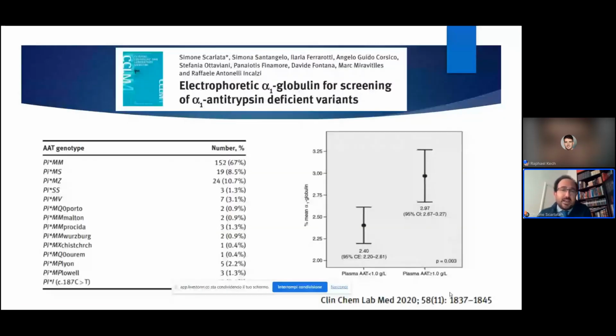This is a study made by our group that confirmed this preliminary evidence, and again we observed a 7 to 8% prevalence of minor and rarer variants in deficient subjects.